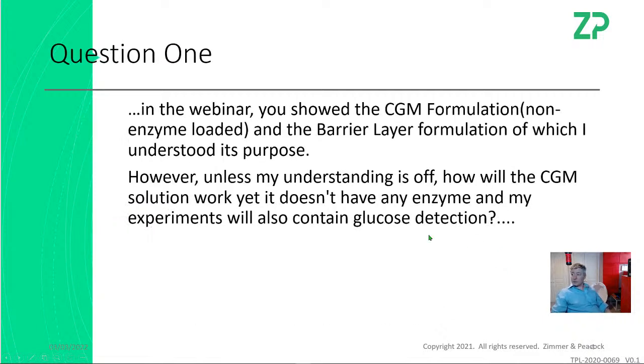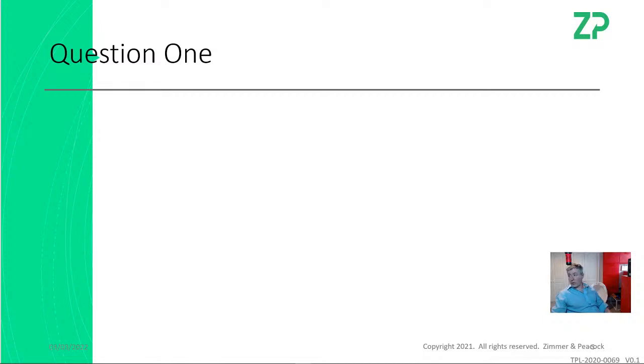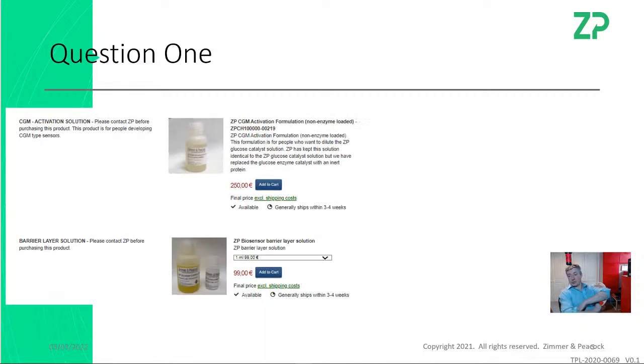So there was some confusion. Do we or do we not have glucose oxidase in our activation solution? The quick answer is, rather than cause any more confusion, there is glucose oxidase in the package when we ship these materials. We ship these materials so that people can make biosensors of their own. It's worth knowing that the surface you should be using if you're making your own biosensors is platinum.